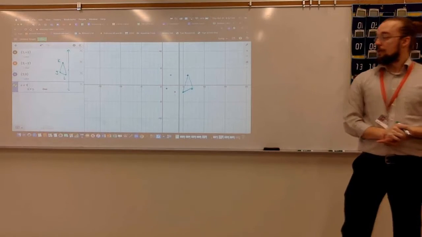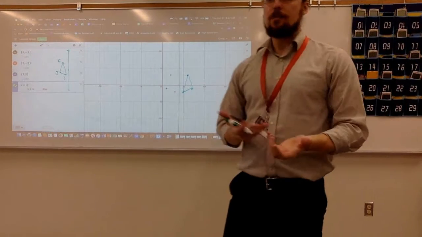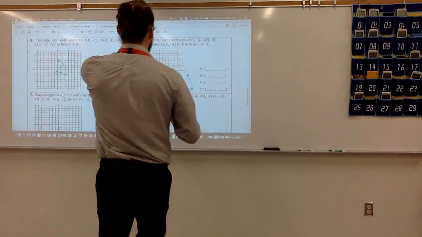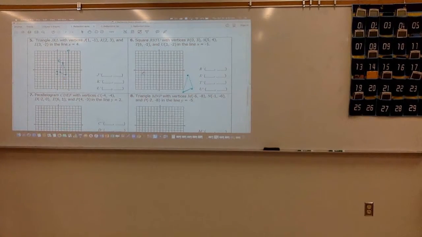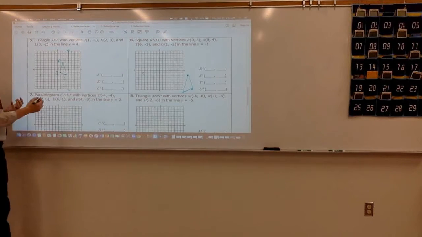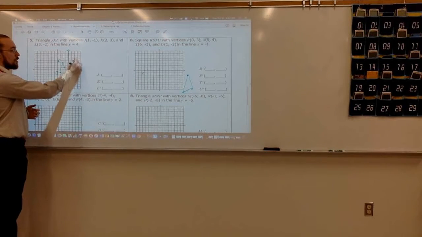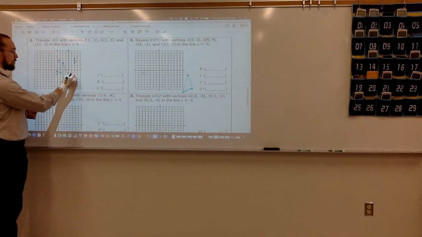Okay. So if you can do this by hand, that's perfectly fine. You don't have to use Desmos. But if you forget what these lines look like, or if you're getting tripped up on how to plot points, use Desmos. Okay, so let me redraw this over here.